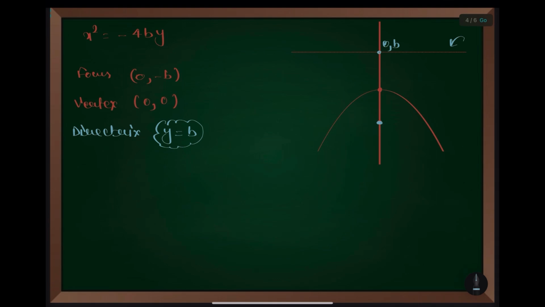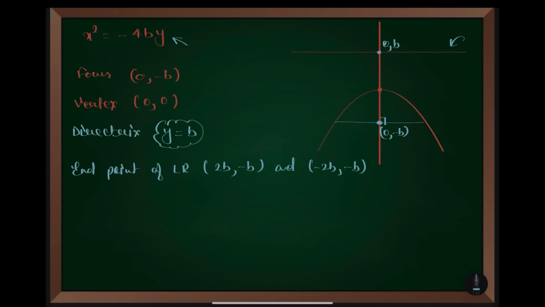Now we will have the end point of latus rectum. So this is your latus rectum. You know that the y coordinate will be same. So this point was 0 comma minus b. Now put minus b in place of y. So it will become 4b square, so it will become 2b comma minus b and minus 2b comma minus b.